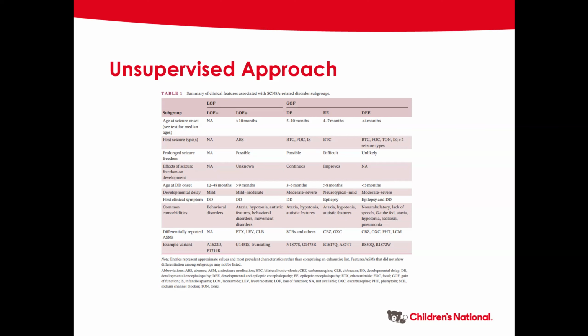So it yielded 5 different phenotypes, 2 presumably loss of function, 1 with seizures, 1 without seizures, and then the presumed gain of function phenotypes were different according to their seizure onset and then relative to their onset of developmental delay.